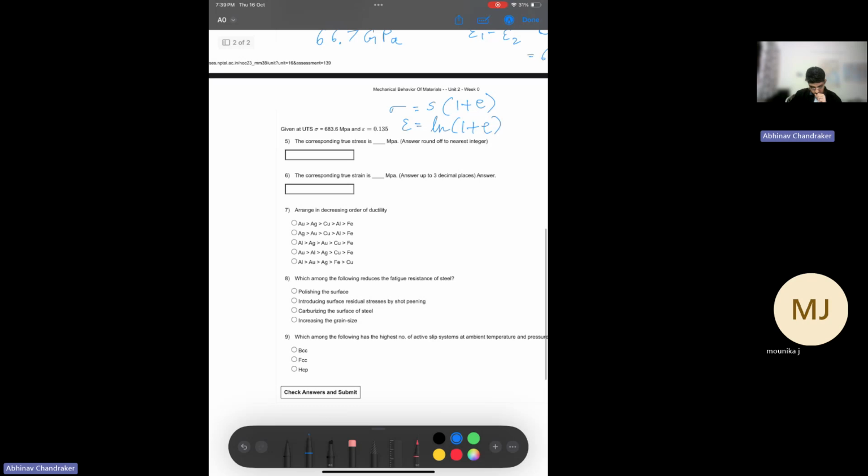It's been long since I used this formula. Just check quickly. You can let me know if you know the correct formula.